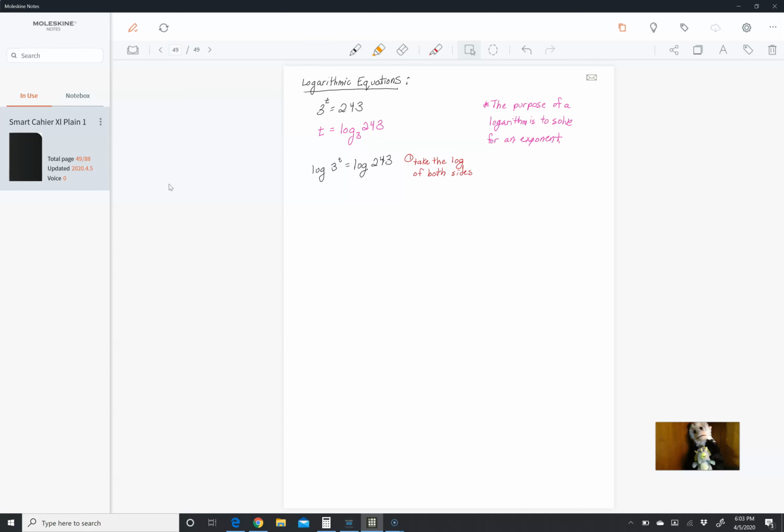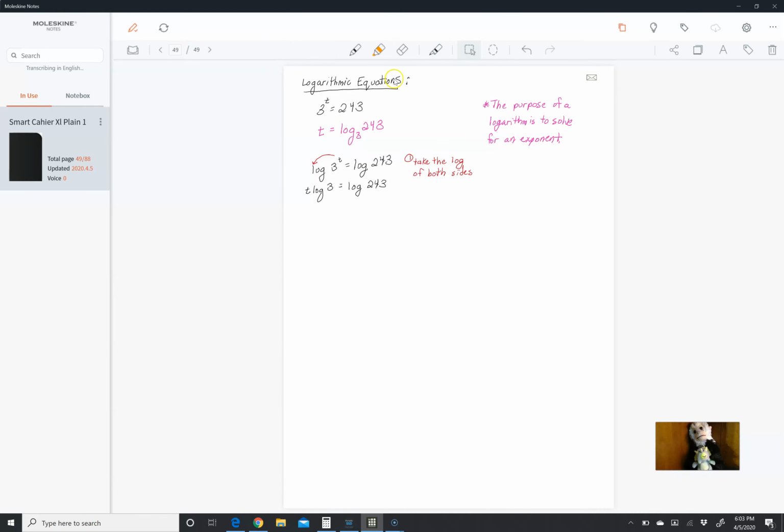is the property of logarithms, the power property, right? And the power property says, hey, we could take an exponent and we can move it out to the front and make it a coefficient. So let's do that. So what this is going to give us is t log 3 is equal to the log of 243.